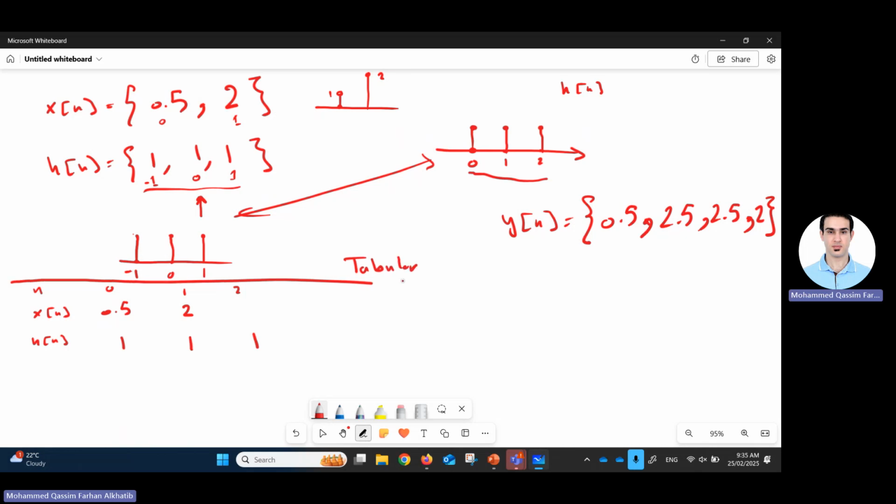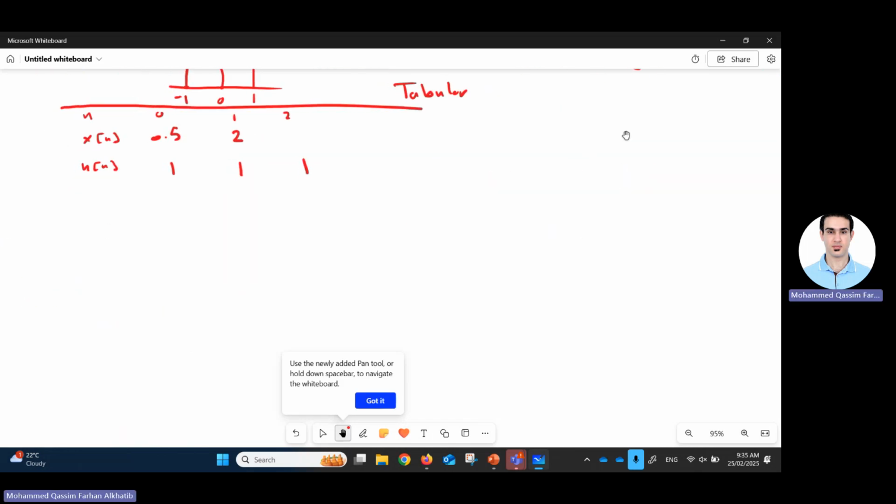And you just do multiplication, like you remember how we did multiplication back in the day. So let's multiply all elements of x with the first element of h. So 0.5 times 1 plus 2 times 1, how much?